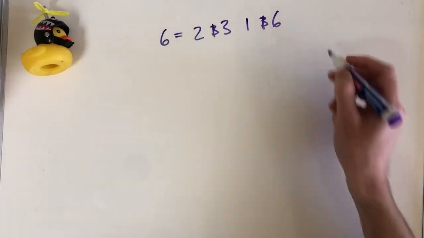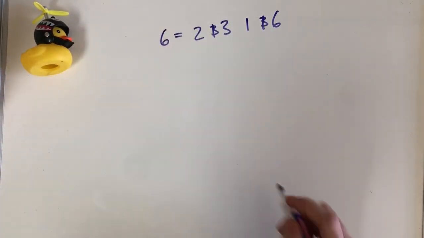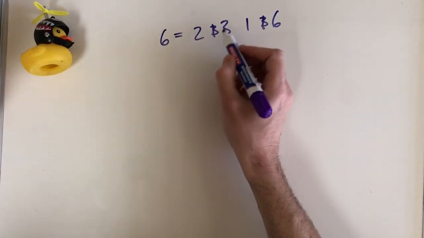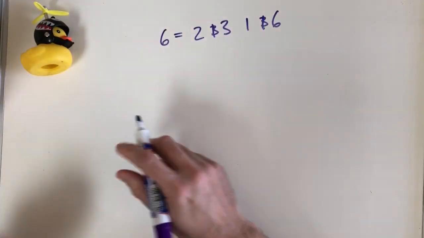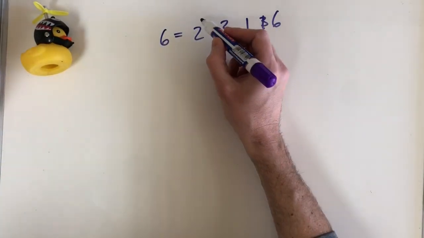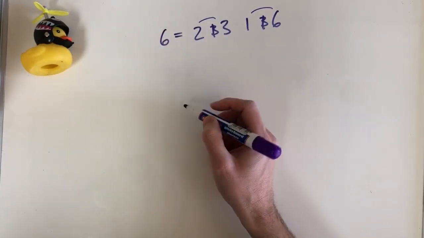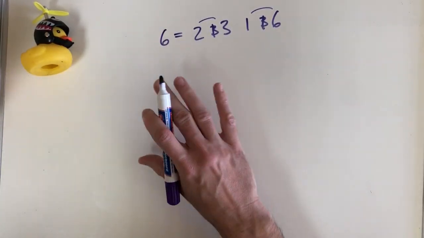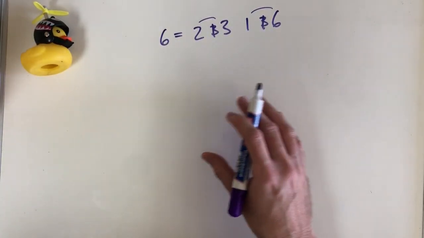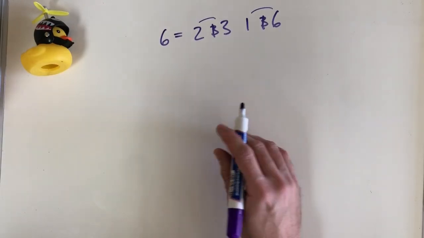Factorization is taking out these pairs, because I know 2 times 3 is 6 and 1 times 6 would be 6. It's working with those pairs of factors that multiply into another number.